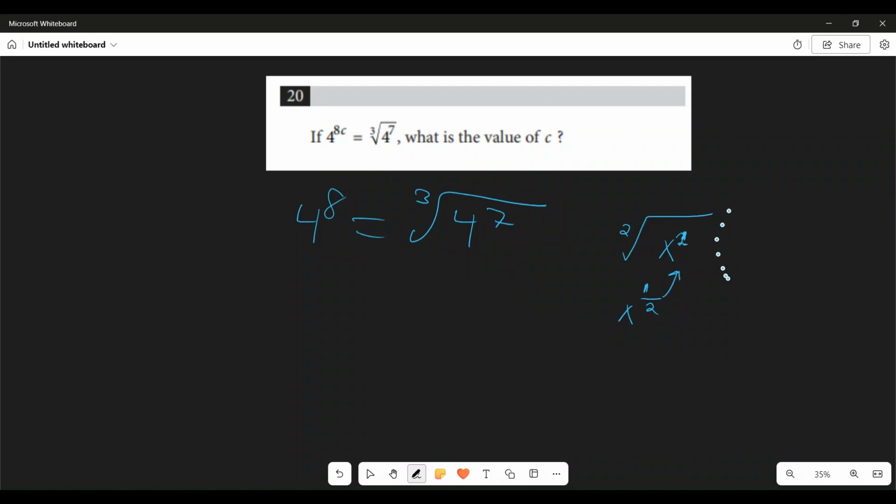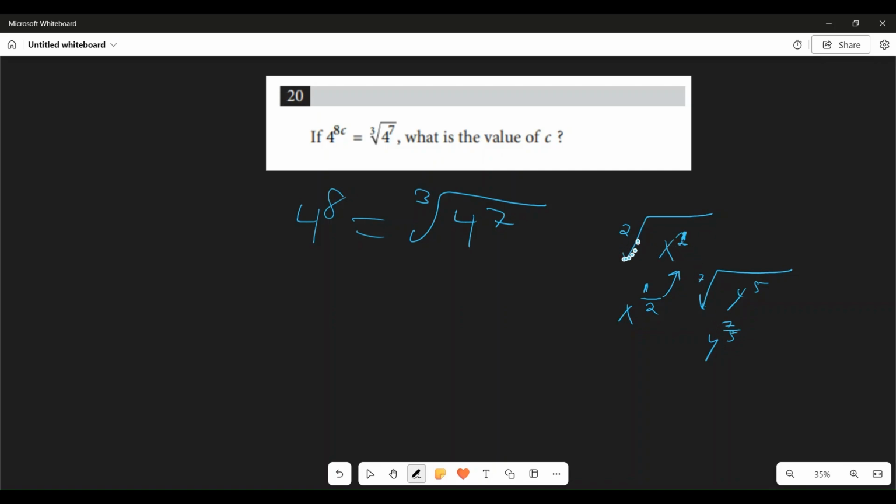Let's try another example. Suppose we had y to the 5th power, and outside we were taking the 7th root of y to the 5th power. We could again write that as y to the 5/7 power.